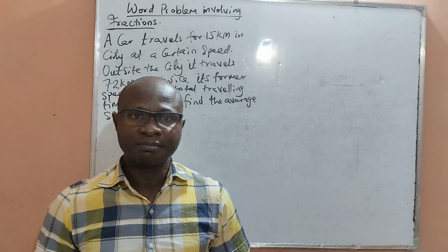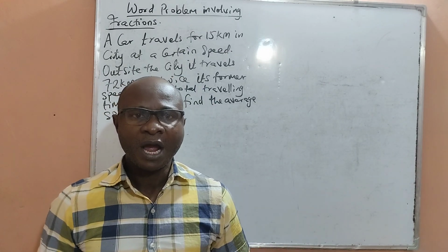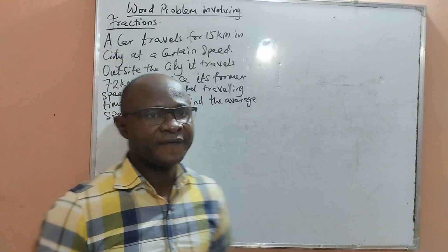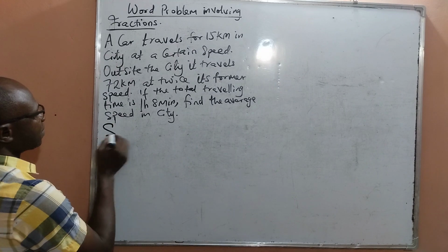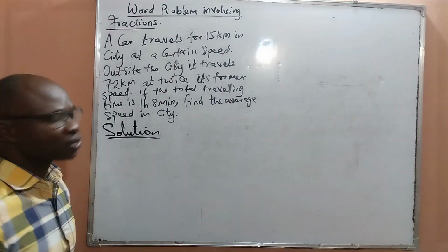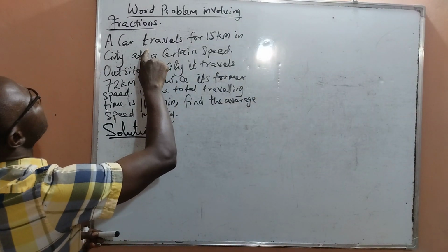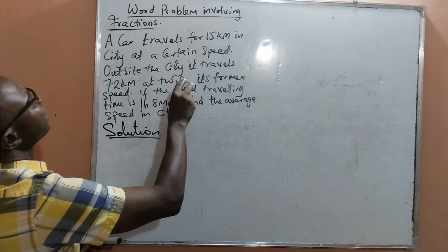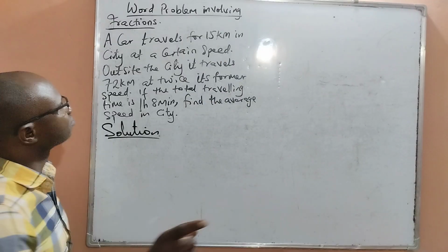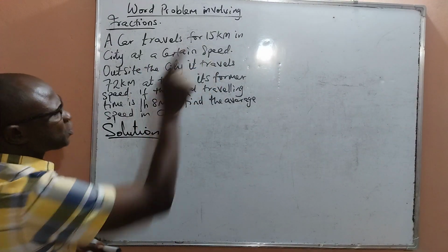Let us begin by interpreting the key words that are in the question. Therefore, the solution to this question. First and foremost, this car travels a distance of 15 kilometers in the city at a certain speed.